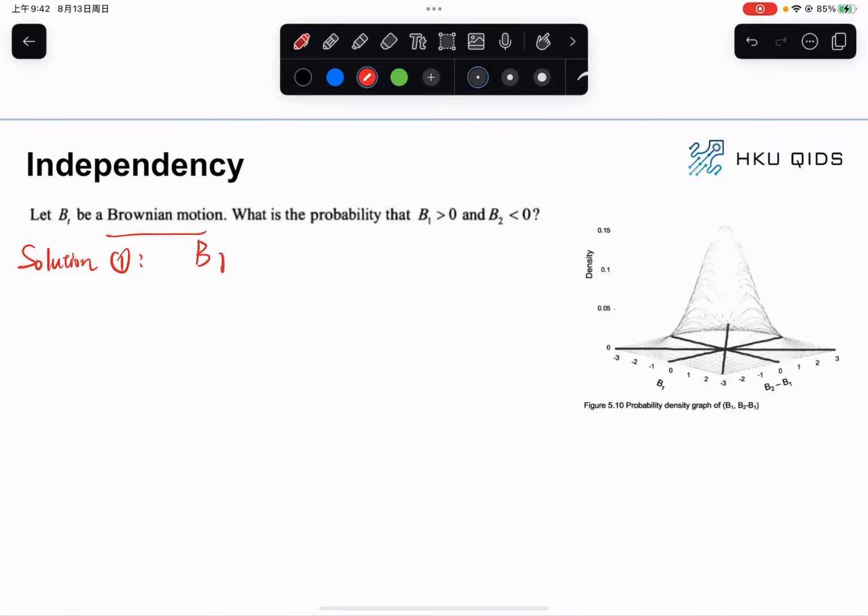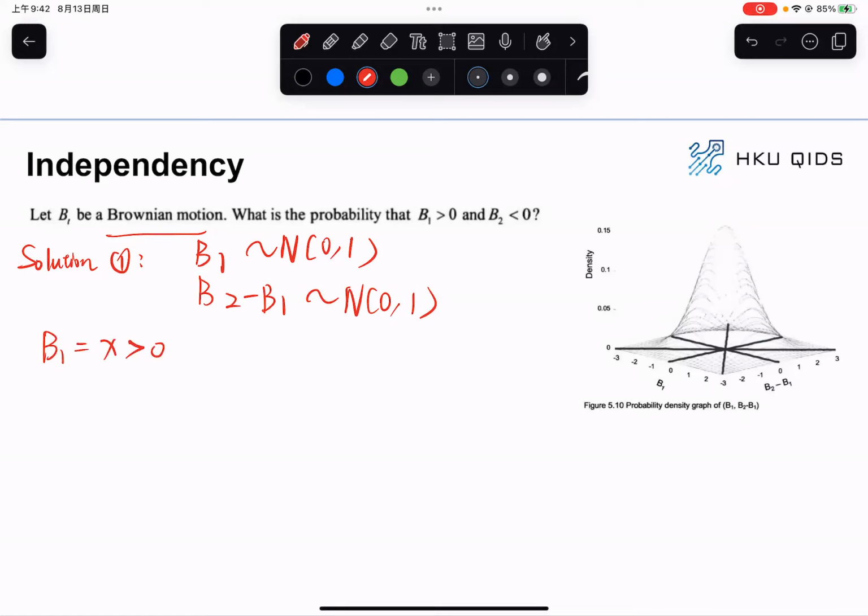We know that B_1 follows N(0,1), while B_2 minus B_1, which is independent of B_1, will also follow N(0,1). If B_1 equals something x, which is larger than 0, then for B_2 smaller than 0, we have B_2 minus B_1 must be smaller than negative x.